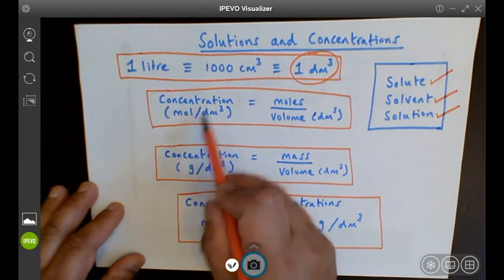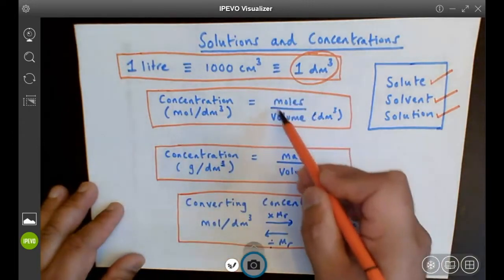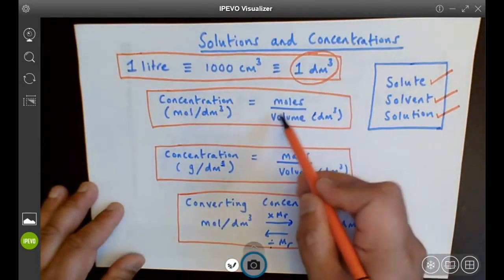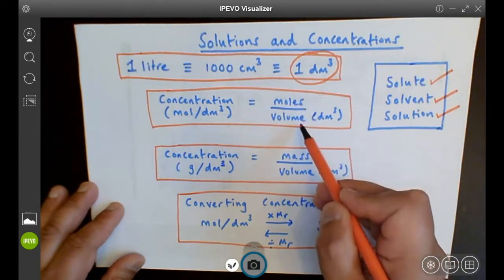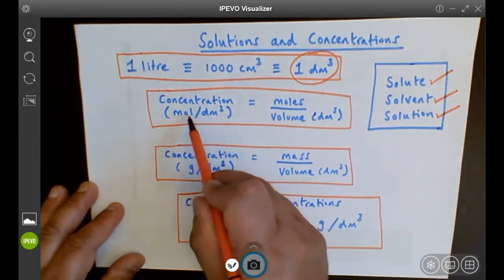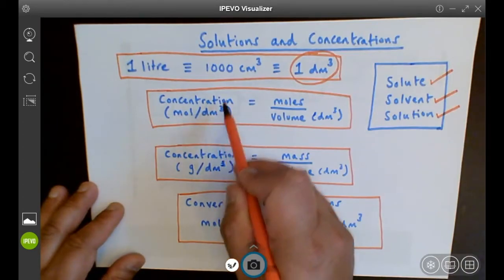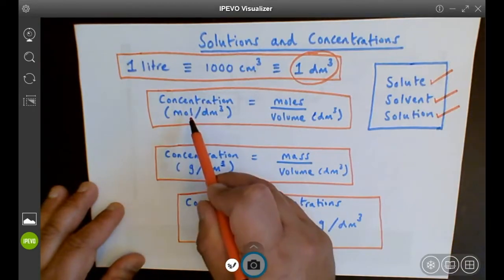So concentration can be the number of moles of that solute dissolved in a decimeter cubed. So it's the moles per decimeter cubed, and that's the units, moles over decimeter cubed. And that's an easy way to remember how we can work out concentration when we've got moles.